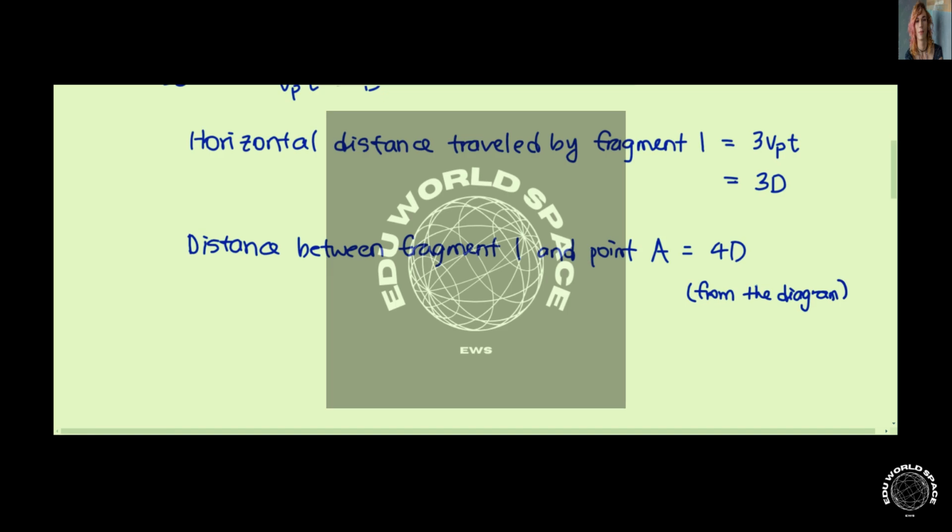If I draw the diagram again, this is the point where they separate, and then 1 and 2: we know that 2 goes back, and for 1 it continues to travel. This is 3d, and then this is d, so the distance between fragment 1 and point A is going to be 4d.